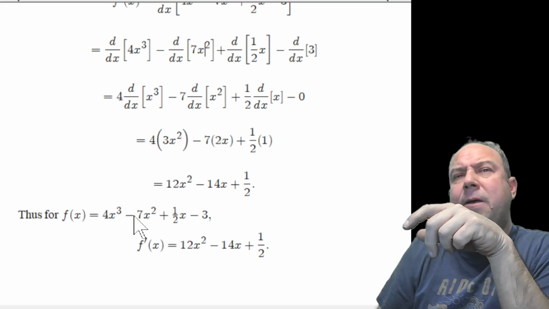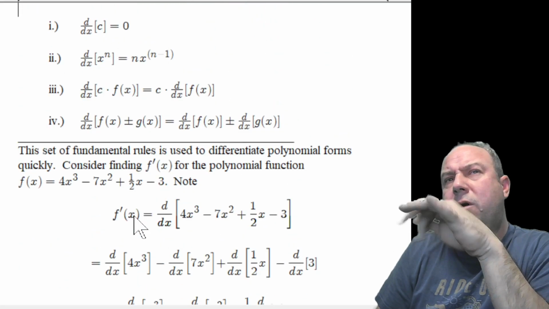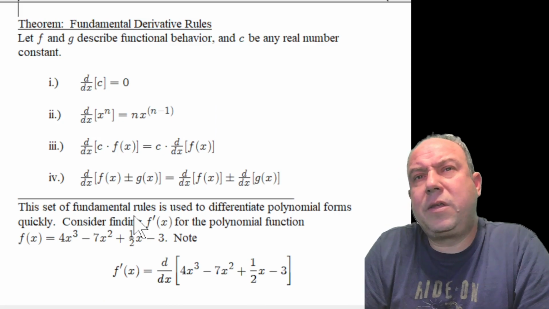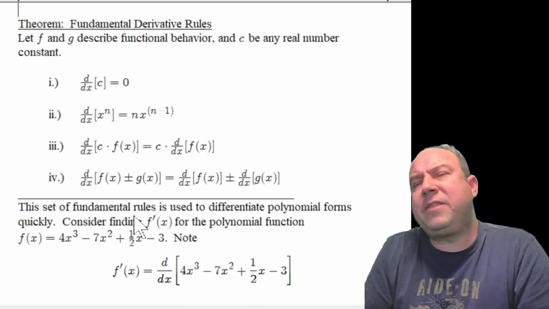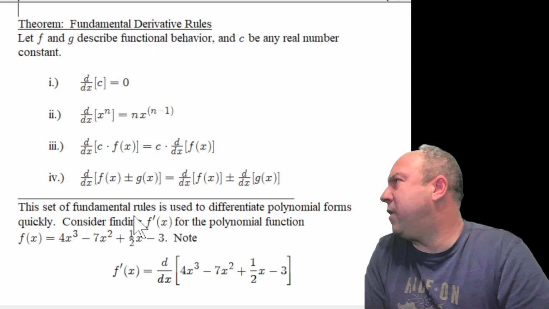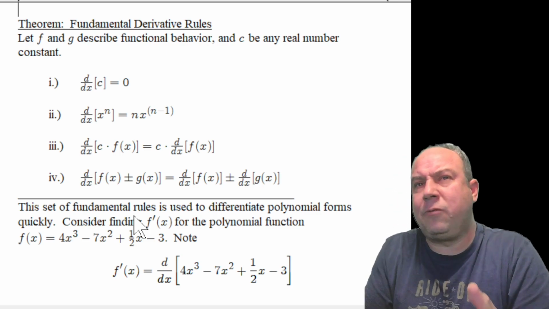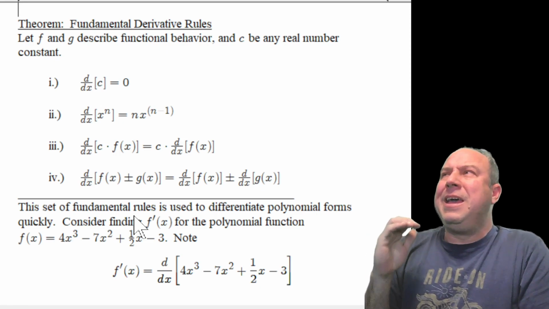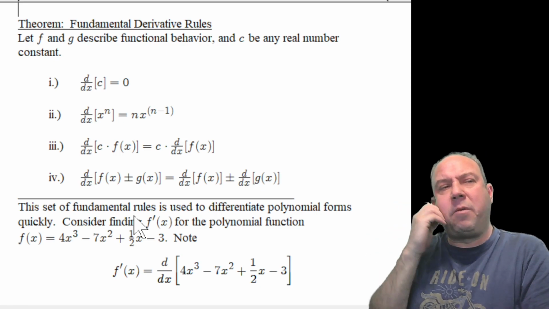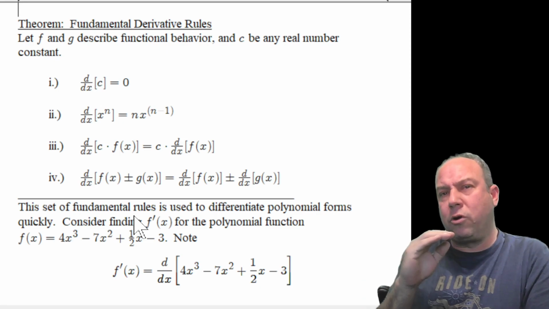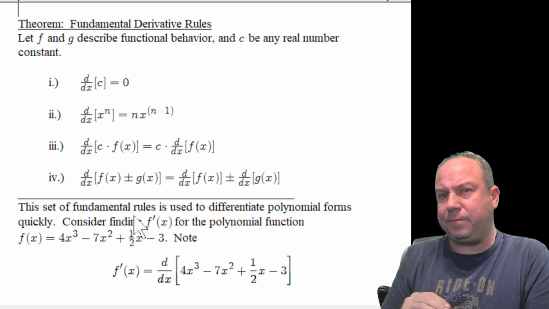But in summary, here are 4 fundamental derivative rules that will allow us to find the derivative for any polynomial function rather directly, just following the rules. As we had seen, they all develop from applying the definition of the derivative to these 4 generic cases.